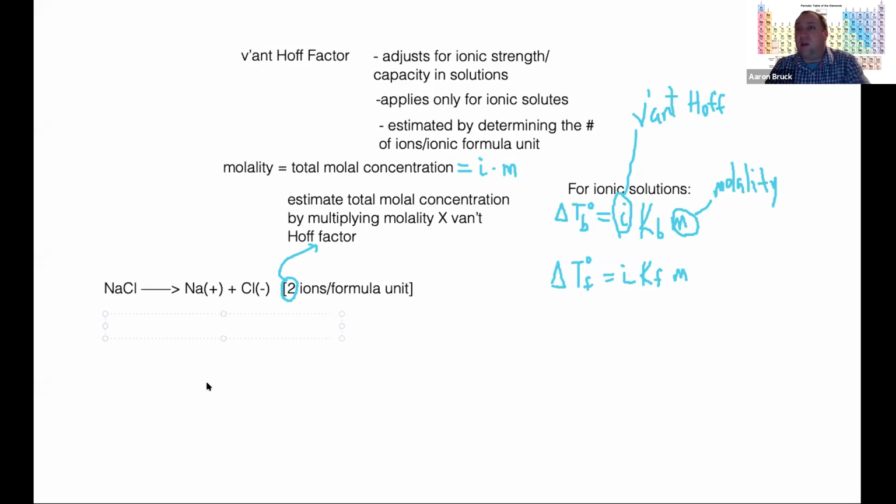And so some problems will give us the Van't Hoff factor, will tell us what it is. But if we aren't told, we can always estimate it by using this methodology with the number of ions per formula unit.